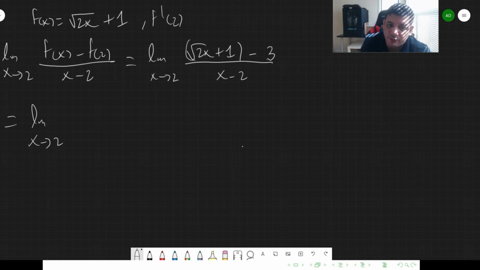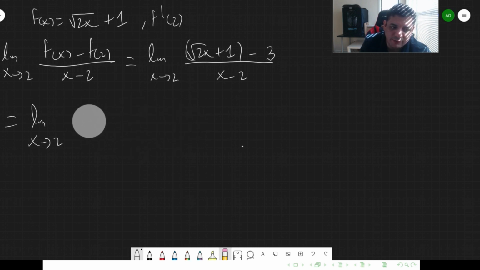If we plug 2 on the top, you also get 3 minus 3, which is 0. So we need to do something, conjugate the limit so we don't get that. So we have initially this term. And we can rewrite that, right?